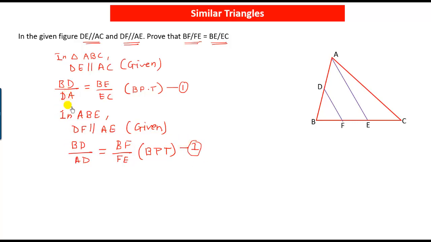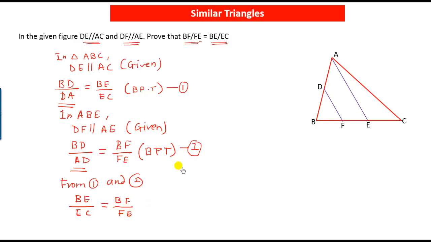From 1 and 2, we say that the left hand sides of the equations are already equal, and therefore the right hand sides will also be equal. Therefore from 1 and 2 we can say BE upon EC is equal to BF upon FE.